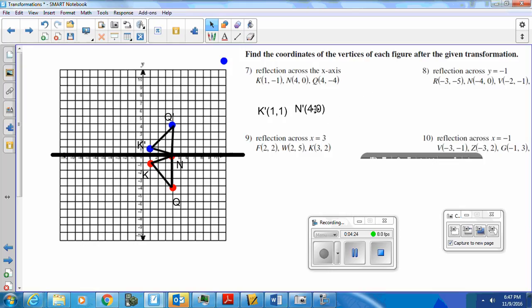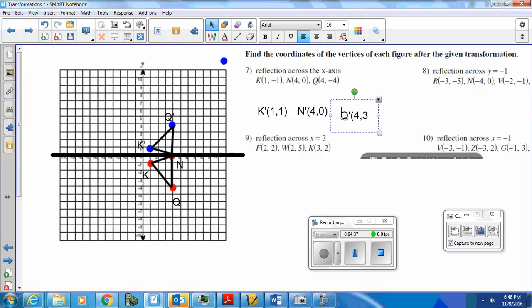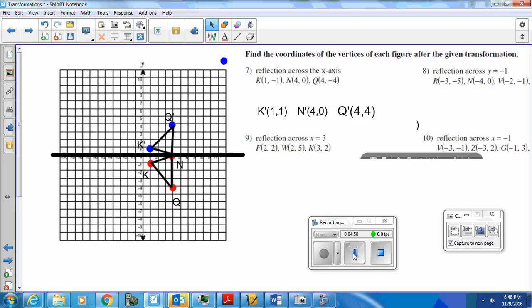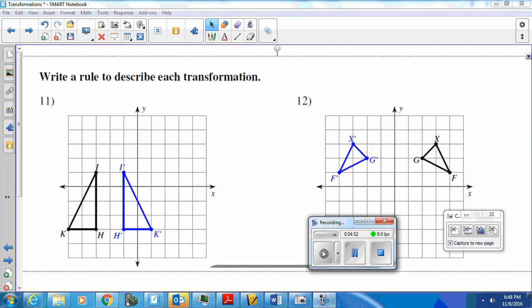You don't even have a graph on yours, but you could use a graph. All right, so q prime is 4, 4. All right, pretty easy. So those are my points. Okay, go and do another one.